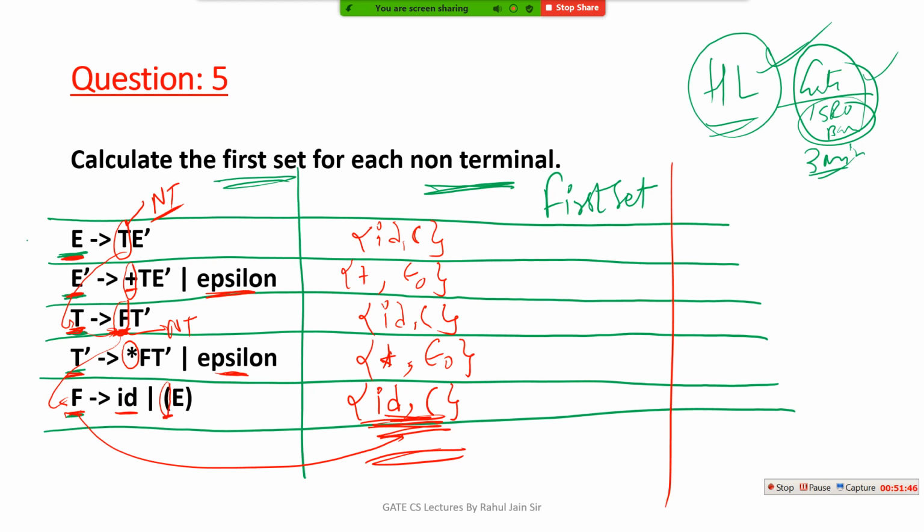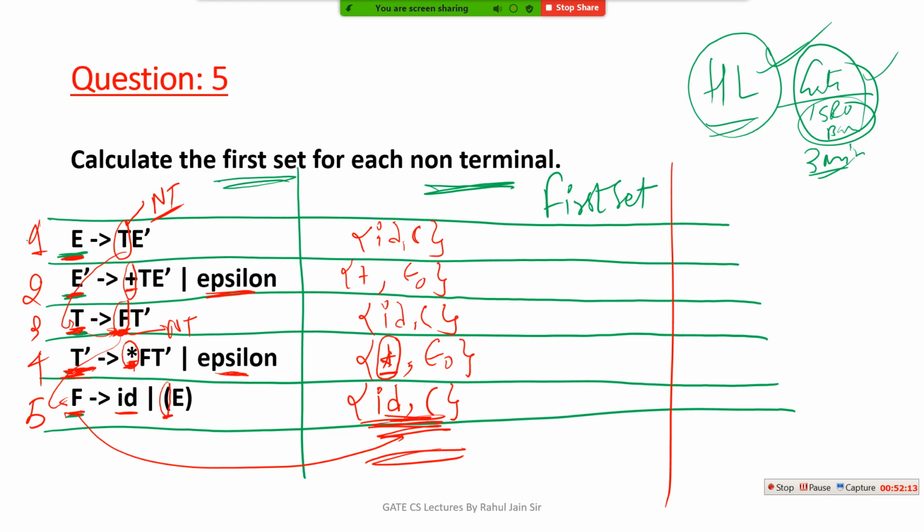Okay, Soumya, you have a doubt in the fourth line. Suppose I number them 1, 2, 3, 4 and 5. So in the fourth line you are facing a doubt. What is first of T dash here, Soumya? First of T dash is the first terminal. What is the first terminal? The multiplication operator, so I have put it into my set.